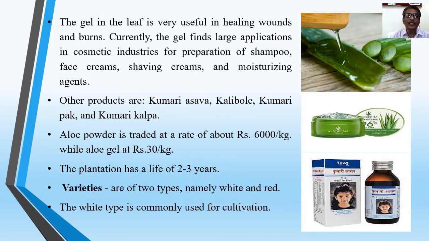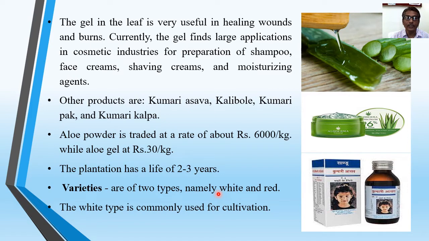The gel in the leaf is very useful in healing wounds and burns. Currently, the gel finds large applications in cosmetic industries for the preparation of shampoos, face creams, shaving creams and moisturizing agents. Some of the pharmaceutical products are Kumari Asav, Kalibol, Kumari Pak and Kumari Kalpa.